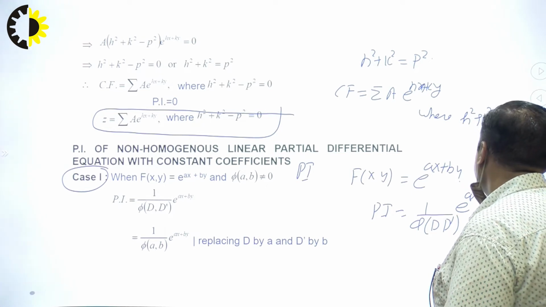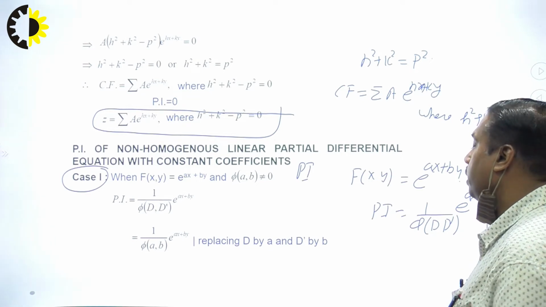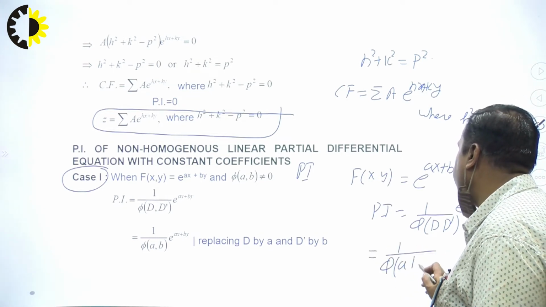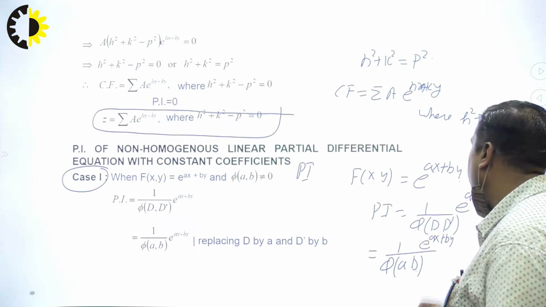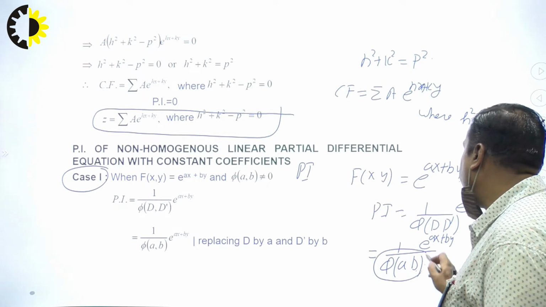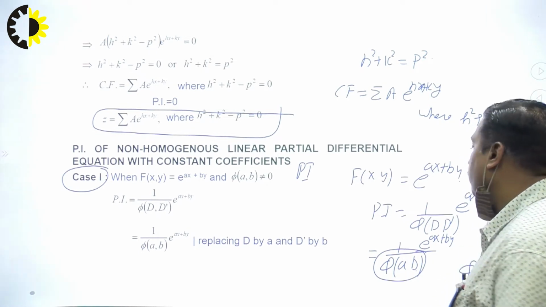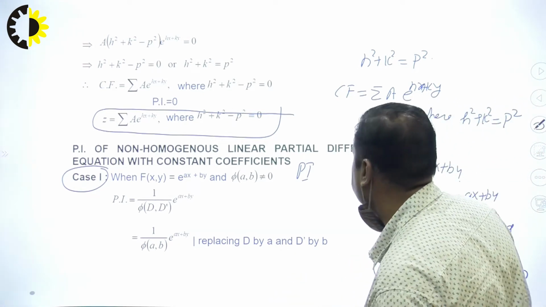Put D equal to a, D dash equal to b, and substituting this value, that becomes phi a b, e to the power ax plus by. It is important that phi a b is not equal to 0.